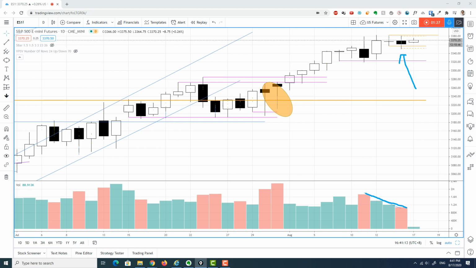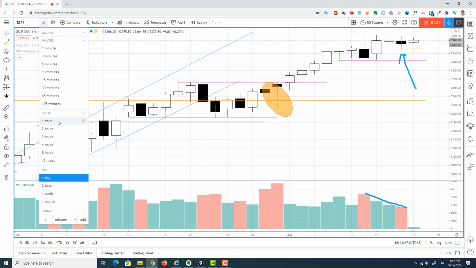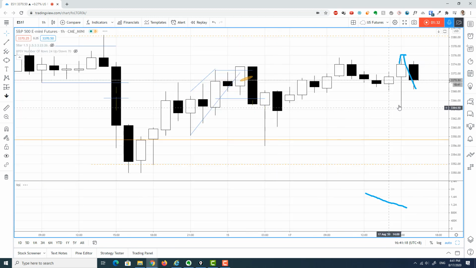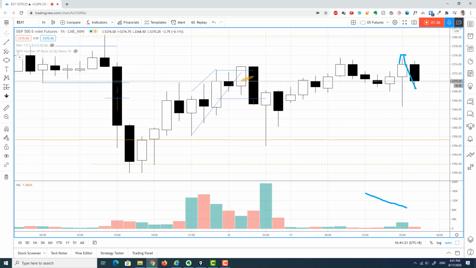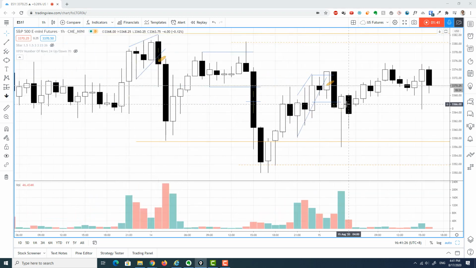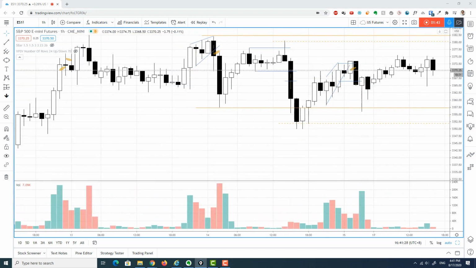But first of all, let me get back to the hourly time frame, and I will talk more about the last session. You can see in this hourly time frame, last Friday, we have this kind of tight range during the US session.